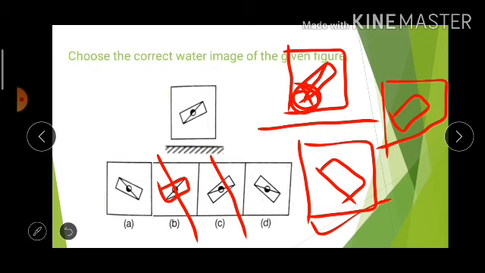Therefore, again I'll want the diagonal starting from the left hand side, but instead of the bottom I'll want it from the top. Here the diagonal is starting from the top. Here in the left side the diagonal is at the bottom. I don't want it at the bottom, I want it at the top. Therefore this option is also eliminated. Option A is the answer.